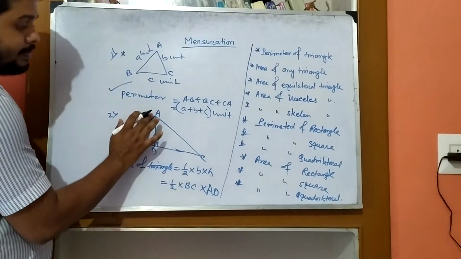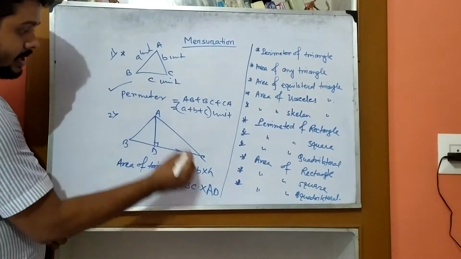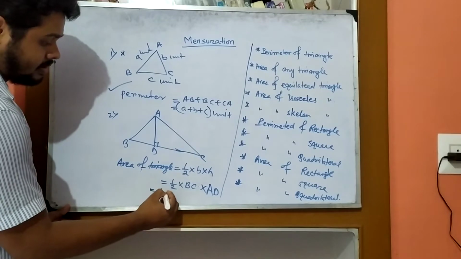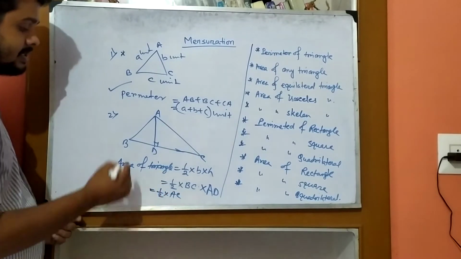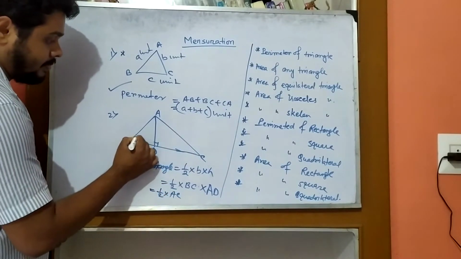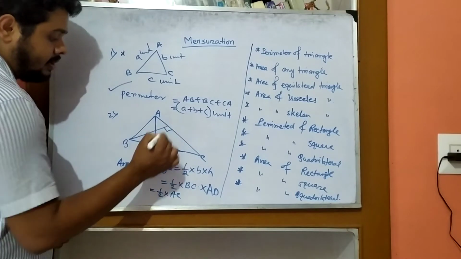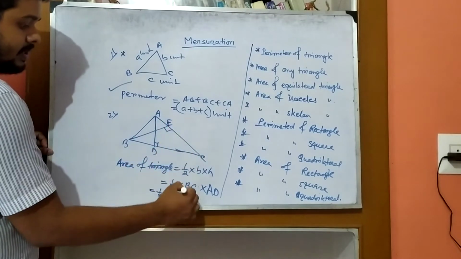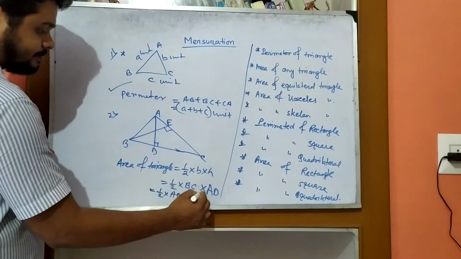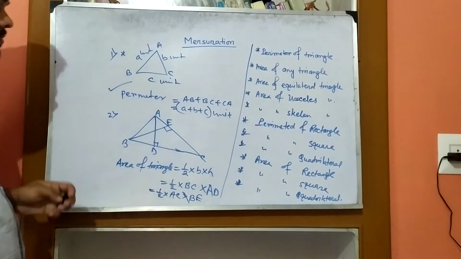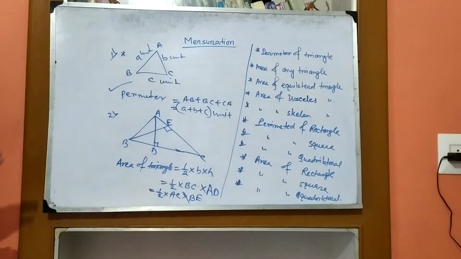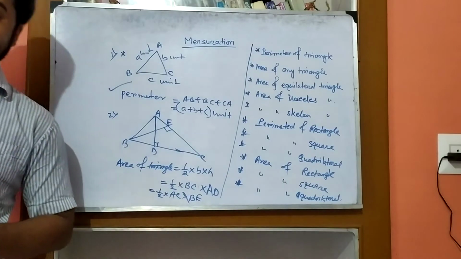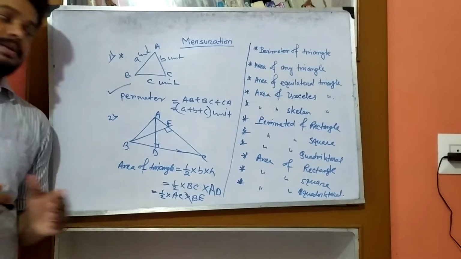If we consider the base as AC, then we have to draw a perpendicular from the point B to AC, then AC into, suppose BE is the height. So the area of triangle is half into base into height. Depending upon the base, we have to select the height.